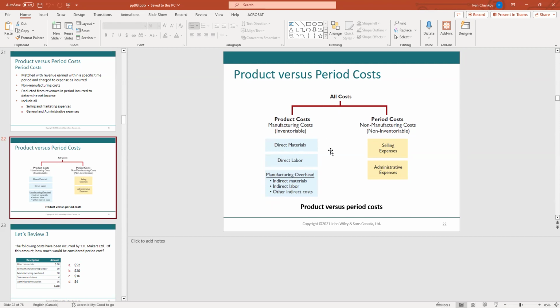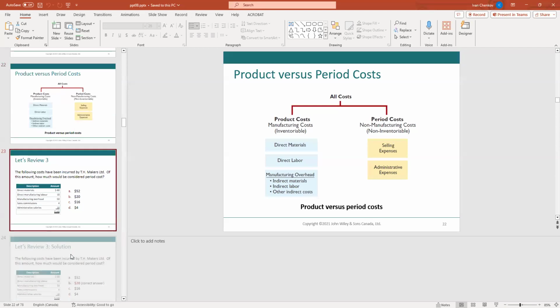Once we sell the product, it's going to move to the income statement as cost of goods sold. The period cost is all the non-manufacturing or non-inventorable cost. It's not going to go to the balance sheet. It's going to go directly to the income statement. Examples are the selling expenses and administrative expenses.